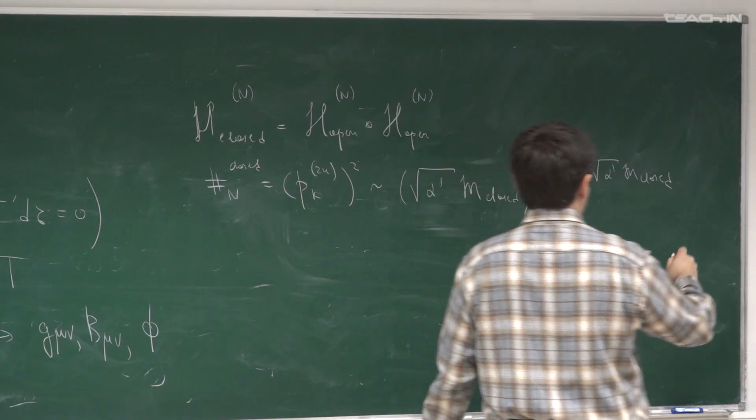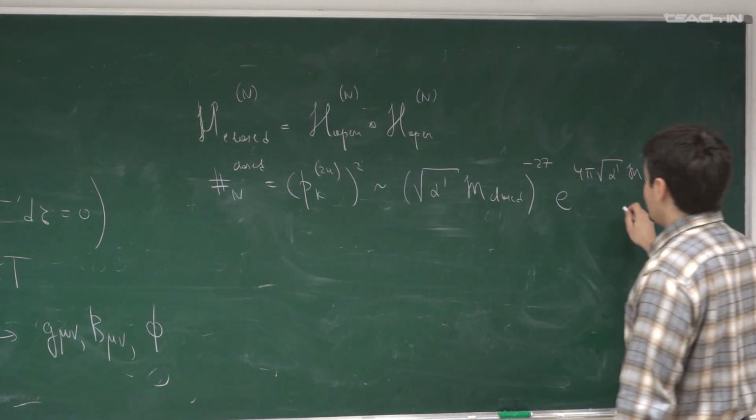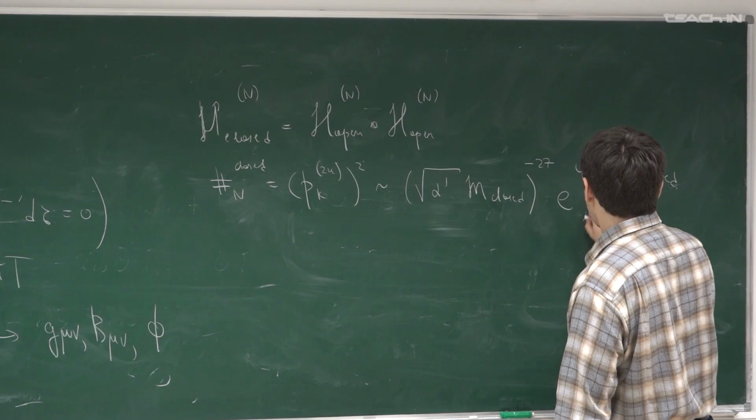So again, exponential growth with the mass. So Hagedorn growth.